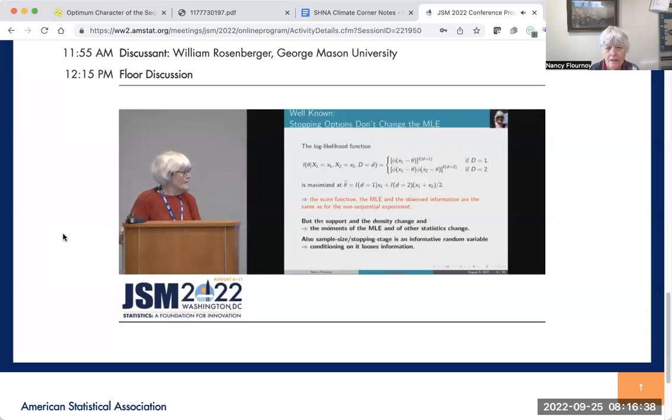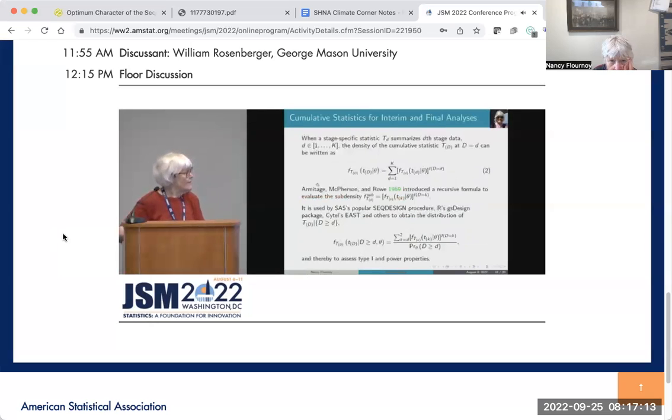So the density is different, so your moments are different. And also the fact that you stopped is informative. So there is a cost to adapting, because if you think of Fisher information as a measure of information, then it is reduced by your having an informative stopping stage.